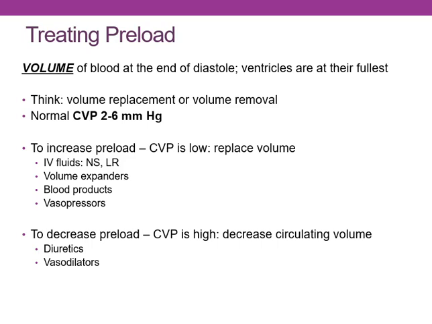So to increase your CVP, that would be because your CVP is low, you're going to replace the volume. And the very first thing we do with volume, whether it's too high or too low, is the easy stuff. We give fluid or we take fluid away. So if I need to increase their preload because the volume is low, then I need to give them fluid, and we will give them normal saline or LR.